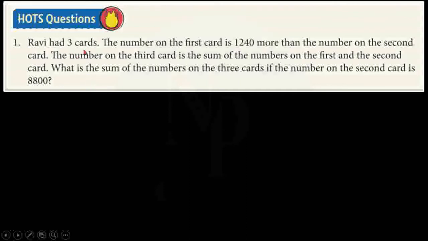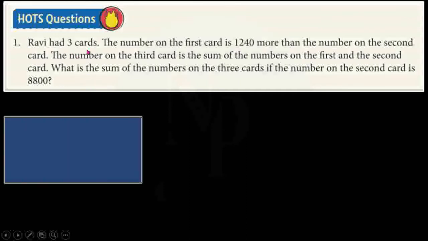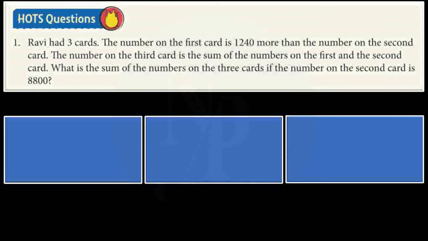Ravi had 3 cards. So he has 3 cards: first, second and third. He is having a number on each of these cards. And those numbers are not given directly here in the question.